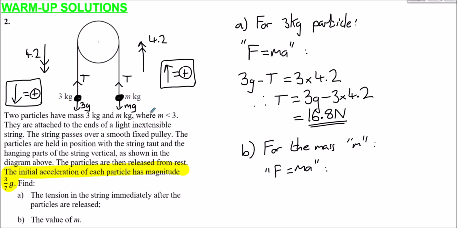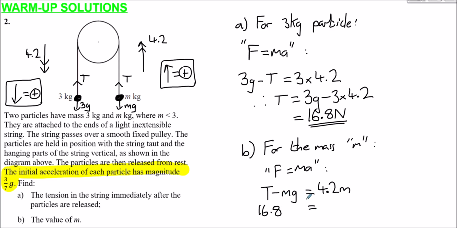So the overall force acting upwards in the direction of acceleration for m is T minus mg. And that will then be equal to the mass multiplied by the acceleration. So mass is m, acceleration is 4.2, so m multiplied by 4.2 we can write as 4.2m. We also know the tension, which is 16.8, so we can fill that in.